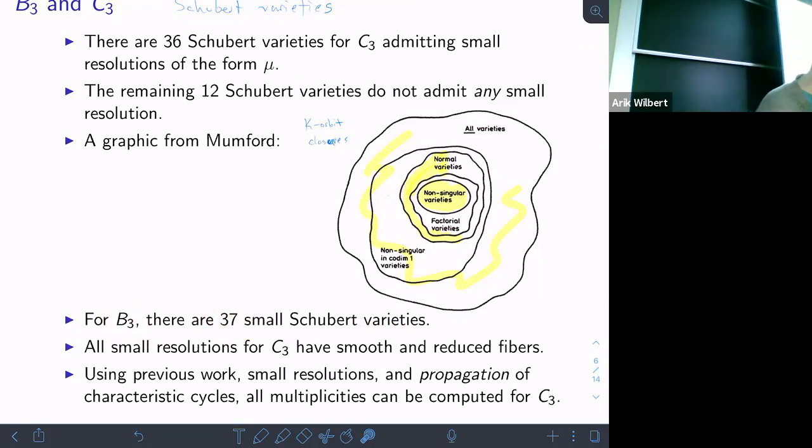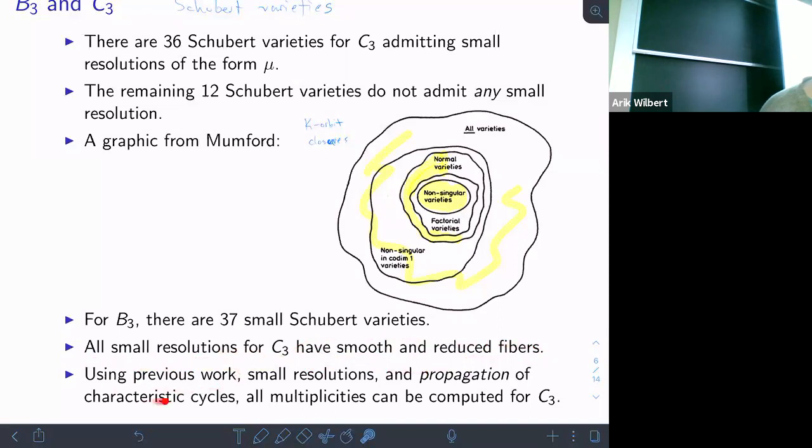Okay, and so what I was able to do with this work is I computed that all of the small resolutions have smooth and reduced fibers. Using just these general facts, you can conclude that the characteristic cycle is irreducible, using the previous trick.